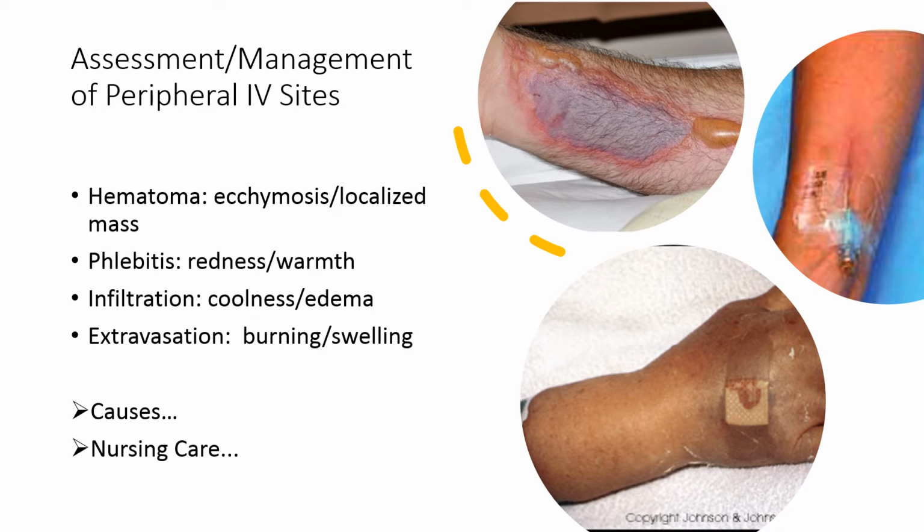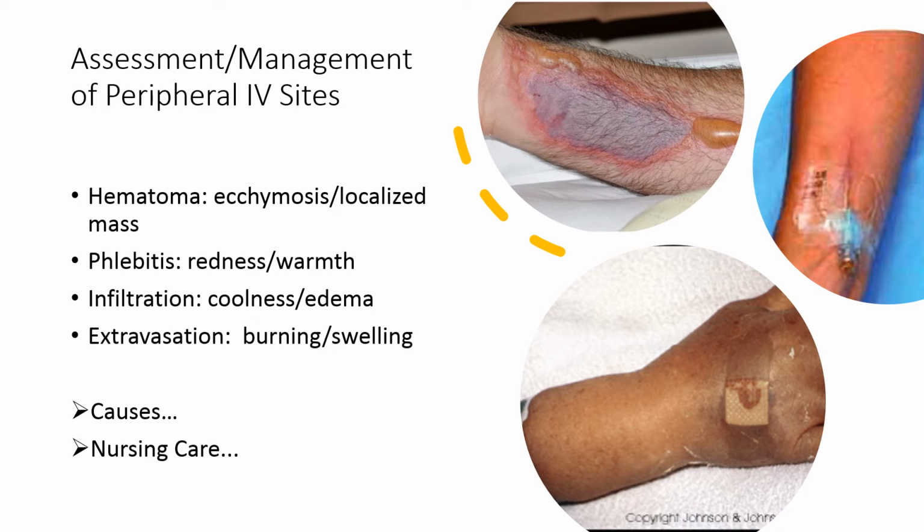The cause of this can be from a nick in the vein during insertion or when discontinuing an IV without holding pressure. It's important to note that a hematoma is completely preventable, and this can be done by using a gentle technique when inserting the IV and holding pressure when discontinuing an IV.